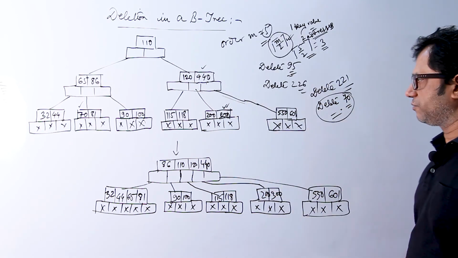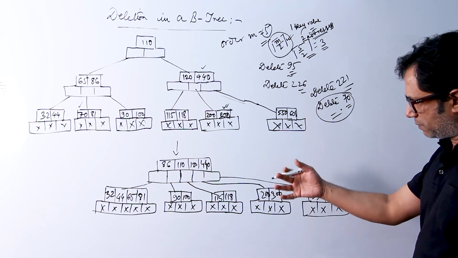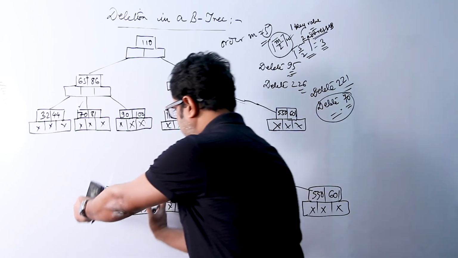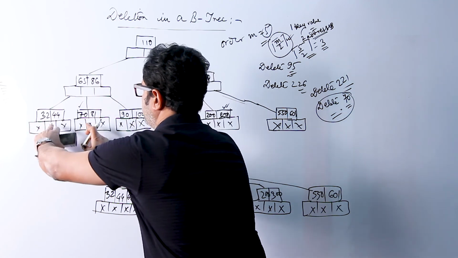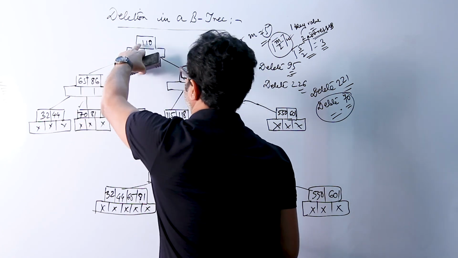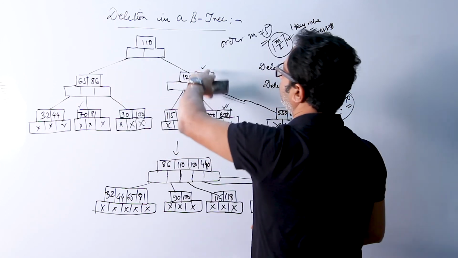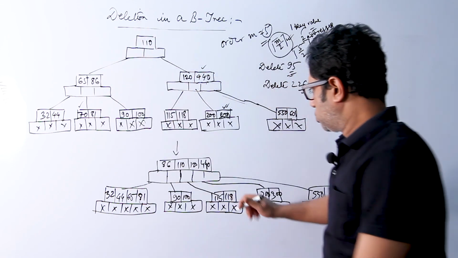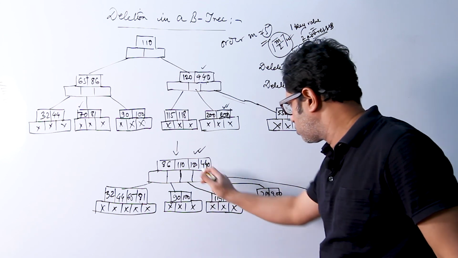The case is a little bit involved over here, whereby we see that some special operations were performed in order to recombine values from these two nodes, and recombine this 86 with 110, getting 120 and 440 also along with this 86 and 110, so as to give you a root node having 4 key values and 5 child nodes.